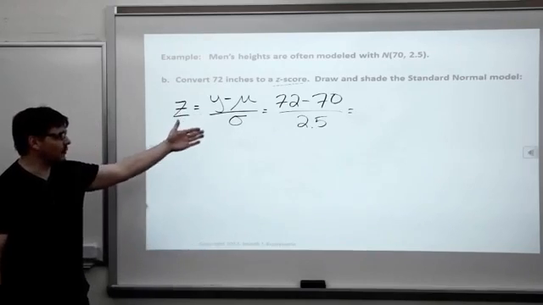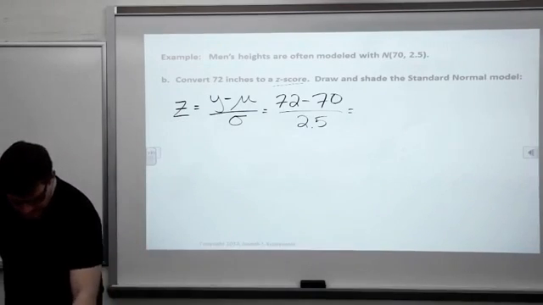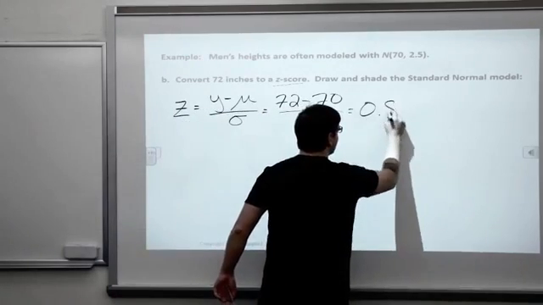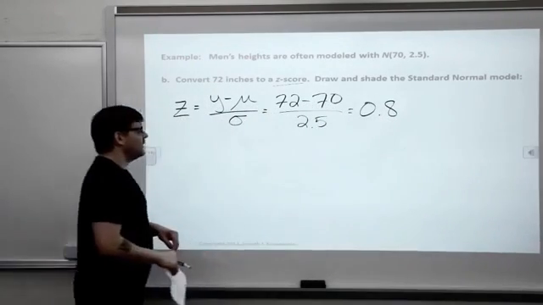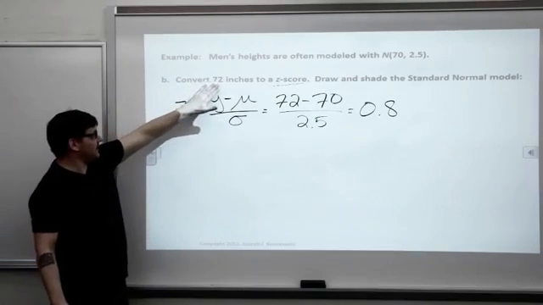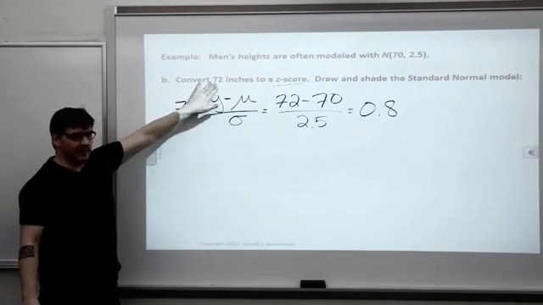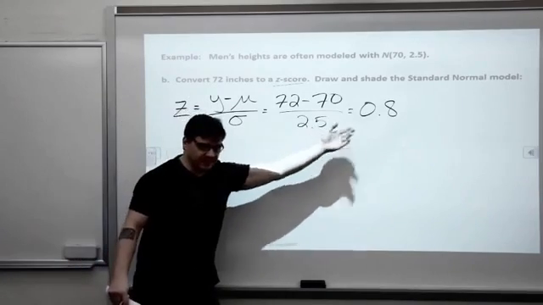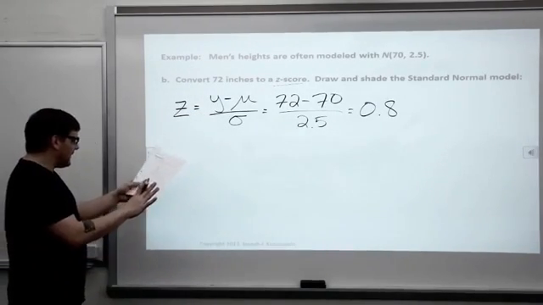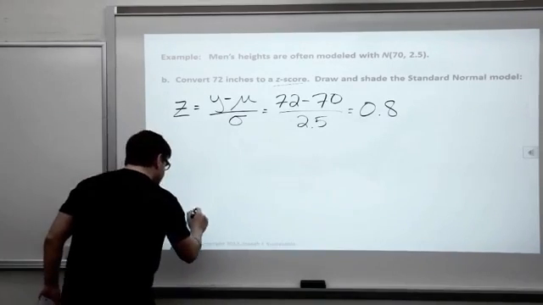It's a little bit less than 1, and in the notes it turns out that that's a 0.8. Always remember the interpretations of these figures. So 72 inches, if a guy was 6 feet tall, it means that he's 0.8 standard deviations above the average height. Okay, let's draw in that standard normal model.